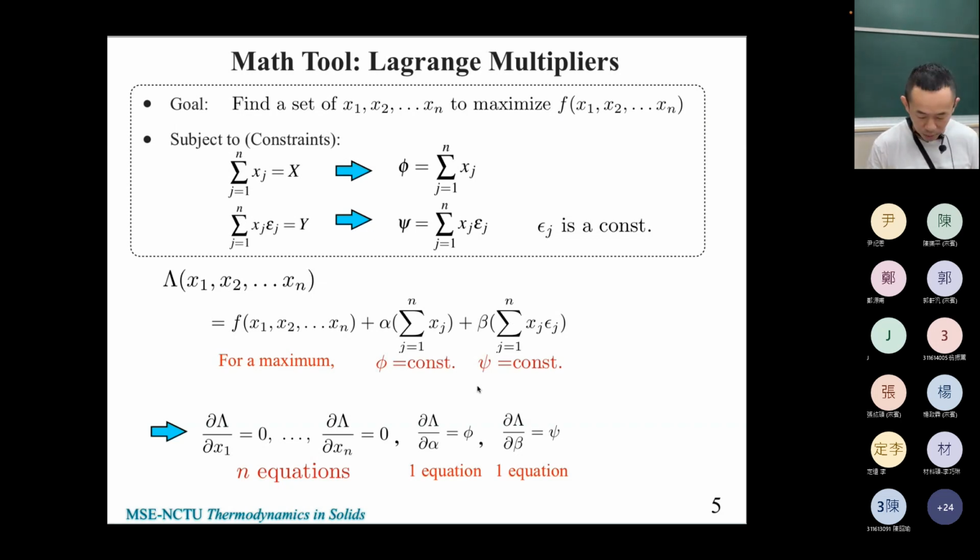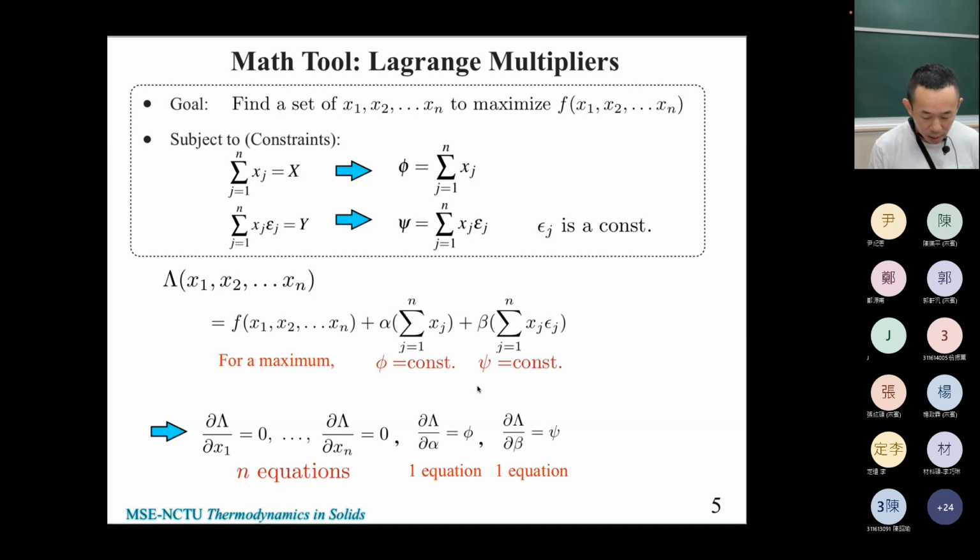This is our goal, no problem, right? And we are also subject to some constraints. I guess you understand what that means. The x is actually the N_j, right? So you can see the constraint can be written as two equations. Epsilon_j is constant, of course.